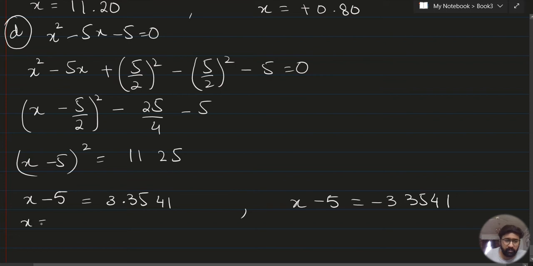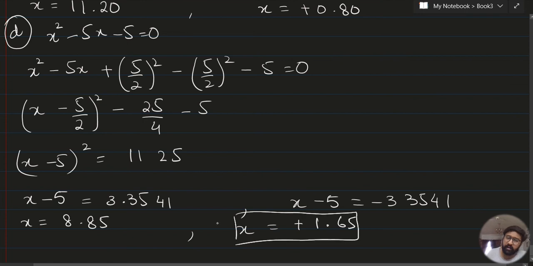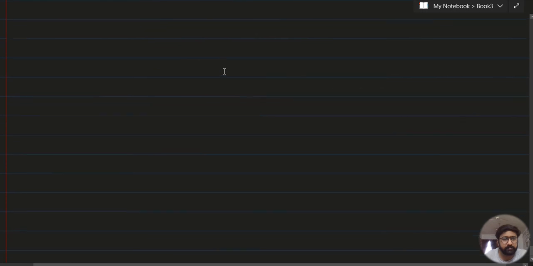So adding the 5 on the other side, we are going to have it as 8.85 up to 2 decimal places, and we are going to have x is equal to plus 1.65 as the other value. These are the two possible answers of D part.